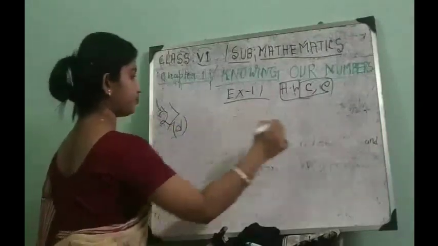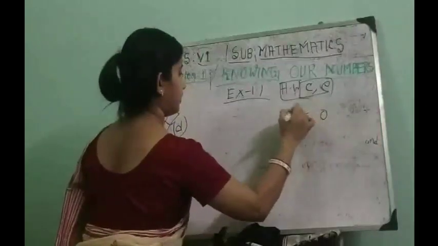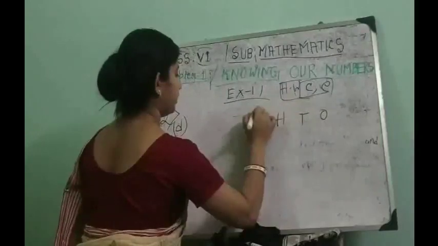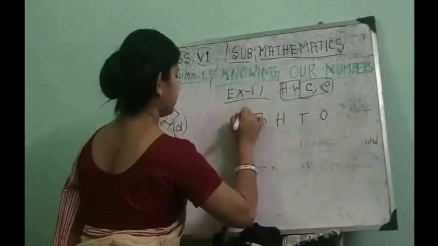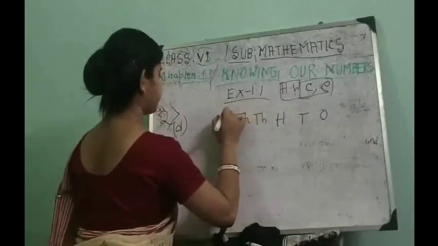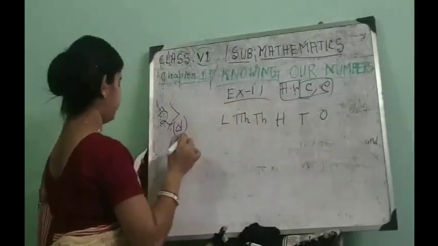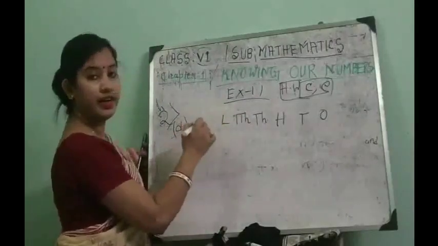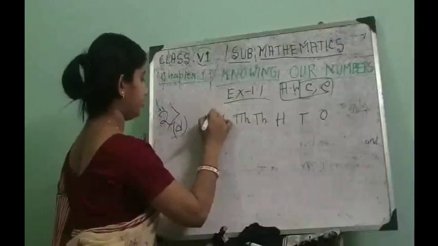Ones, 10, 100, 1000, lakh and 10 lakh means 1 million.